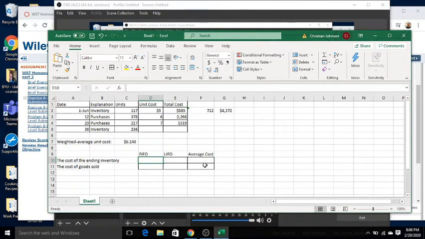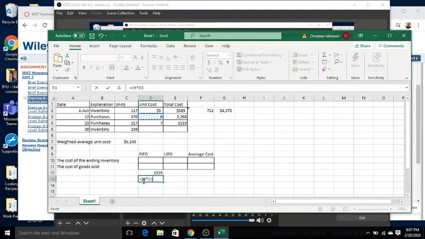So we'll go ahead and go under here. Right, we do that, and then adding on to that, we calculate 19 times $6 of unit cost.